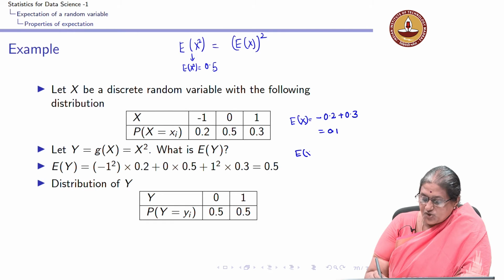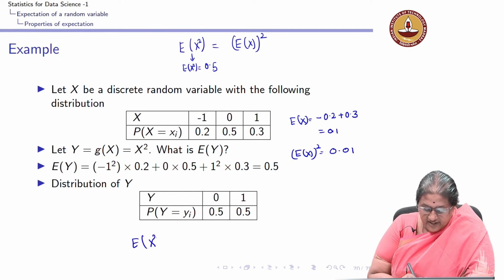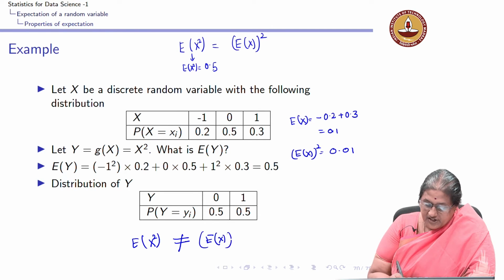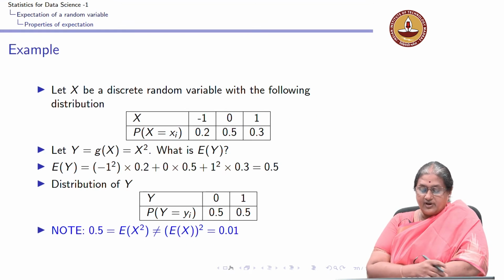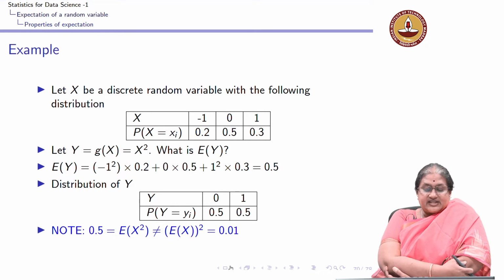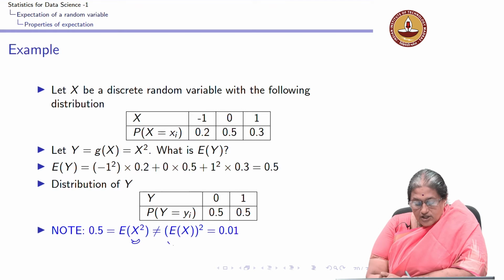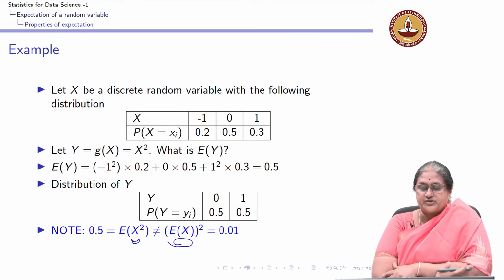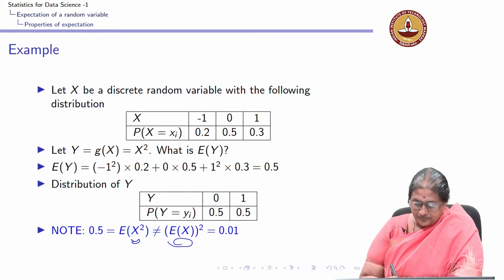So, the square of the expectation is 0.01. So, expectation of x square is not equal to expectation of x whole square, and you should be very careful about understanding this: expectation of square of a random variable is not the same as square of expectation.